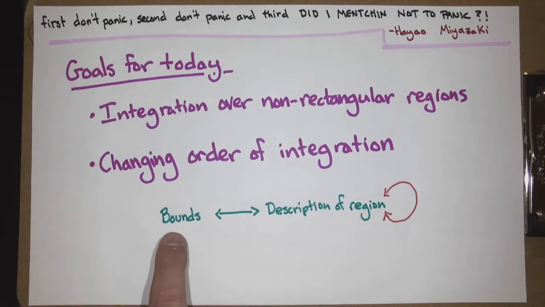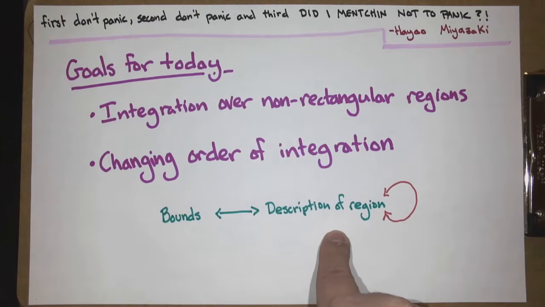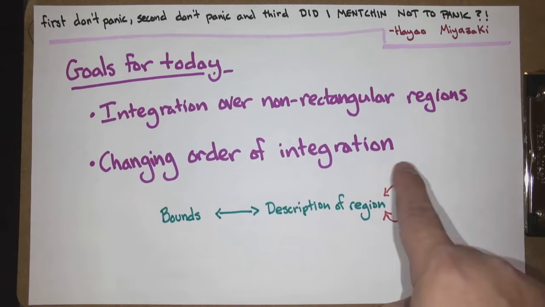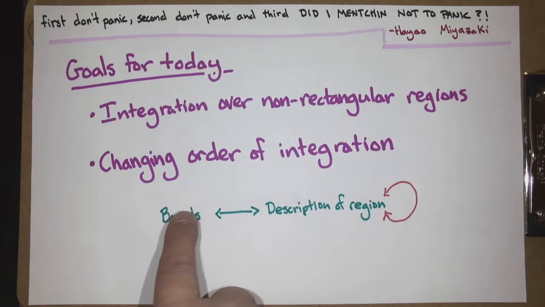And so the moral is the bounds secretly hold a description of the region. Now what we can do is change the description of the region. That's this little arrow here. By changing the description of the region, we change the bounds, which comes with changing the order of integration.